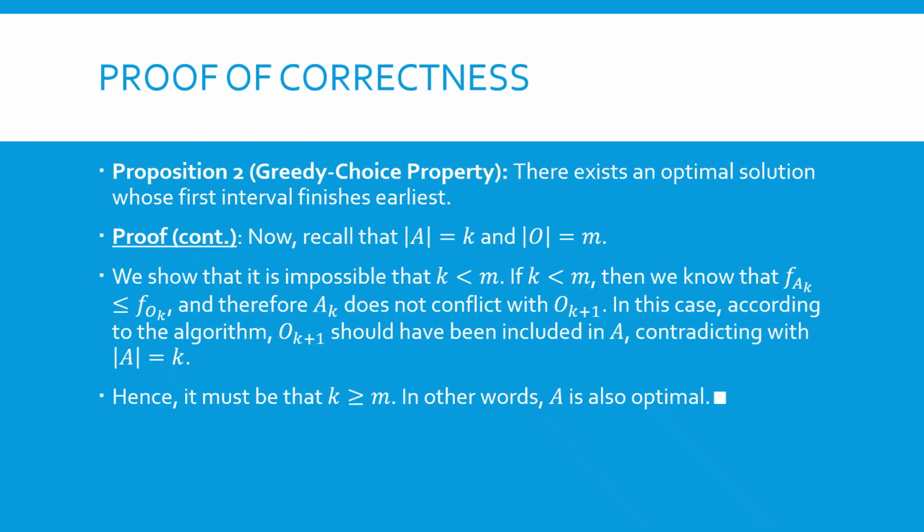Thus, when the greedy algorithm encounters O(k+1), it should have accepted this job. But this contradicts the assumption that A contains only k jobs. Therefore, k cannot be smaller than m. In other words, the greedy set A is as large as any optimal set O, and is therefore optimal.